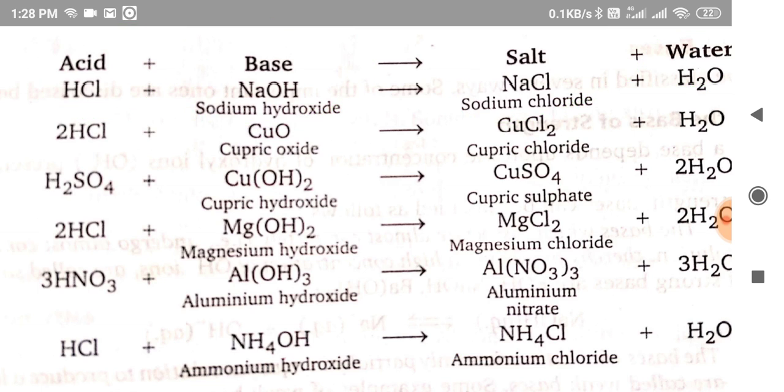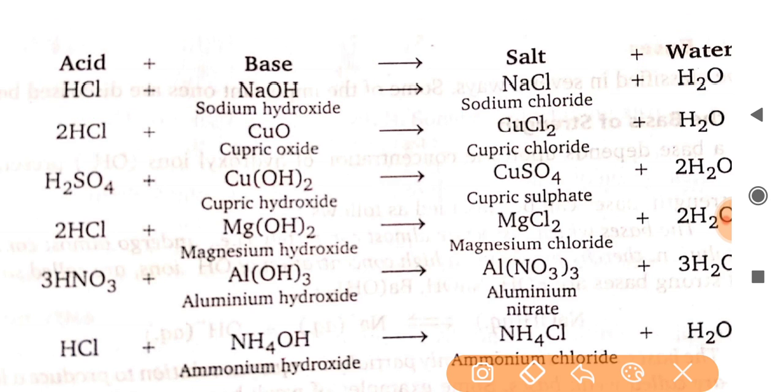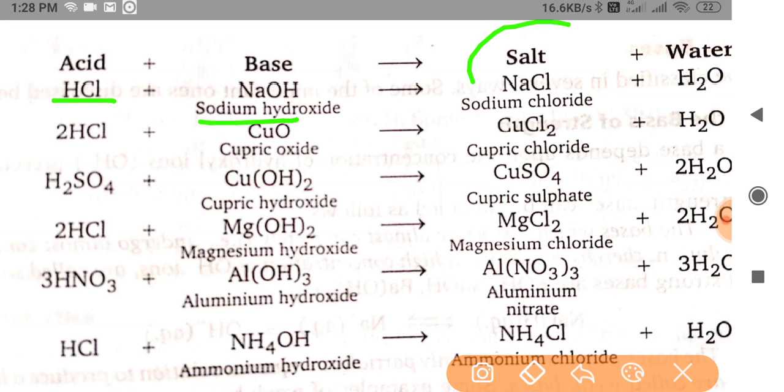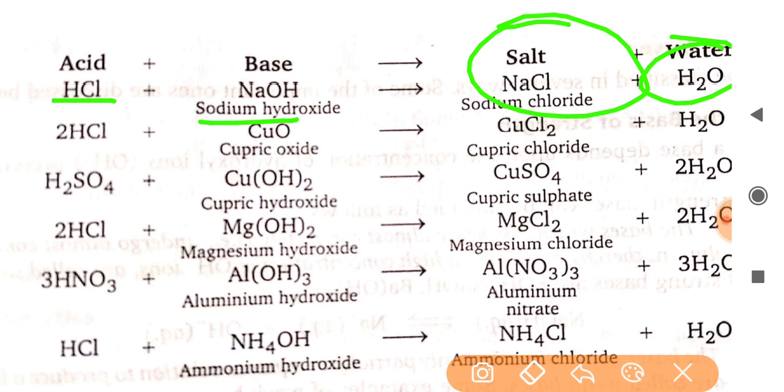You can see that HCl and NaOH are an acid and a base. This type of question is also asked in exams: when an acid and a base react with each other, what will happen? A salt and water will be formed. You have to write it like this.